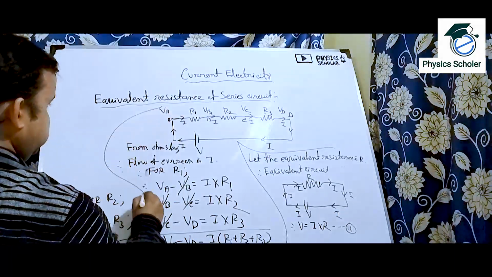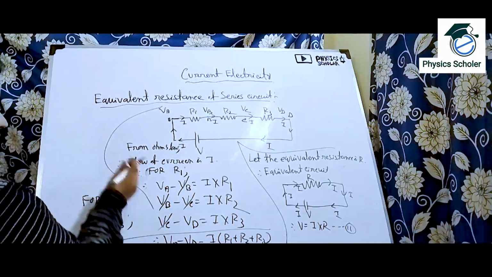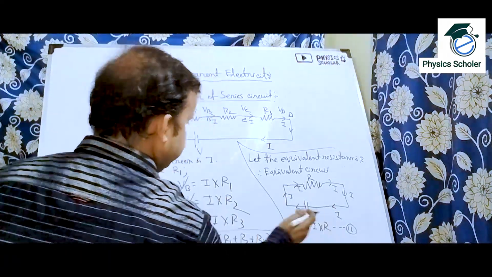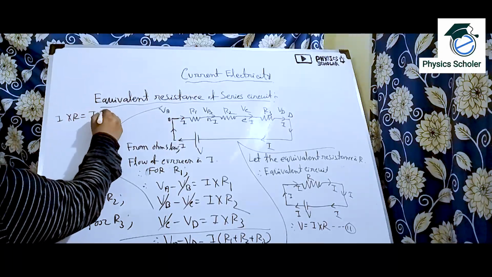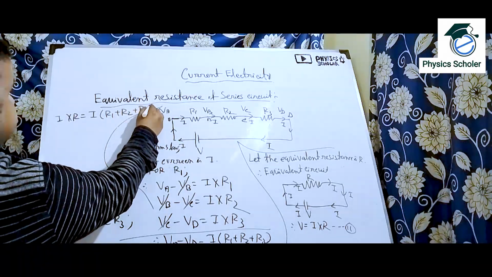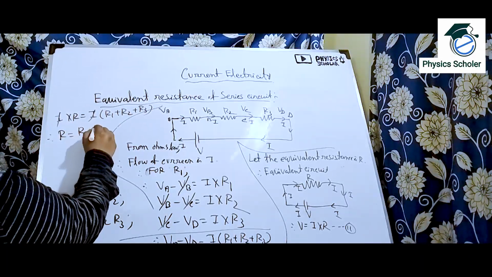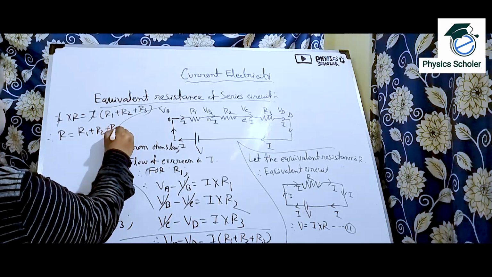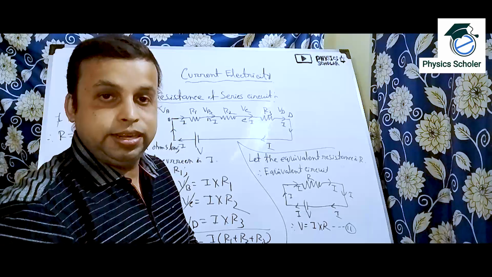By comparing these two, V is equal to this and V is equal to this, so I into R is equal to I into R1 plus R2 plus R3. I will be cancelled, so R is equal to R1 plus R2 plus R3. Here I have taken three resistors.